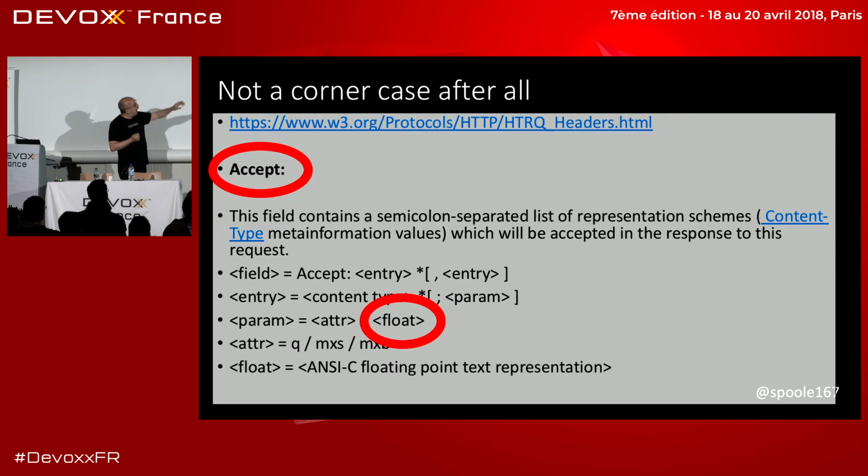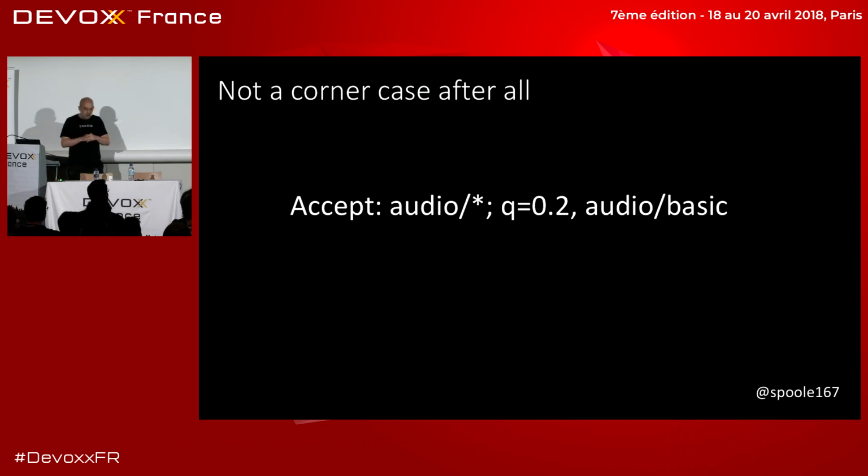In the BNF spec for accept, one of the things takes a float. So somebody could say, as an example, it's not the only way, I will accept some content from the server, in this case of audio type, and then you see the Q equals. Q is part of the spec, part of the negotiation.